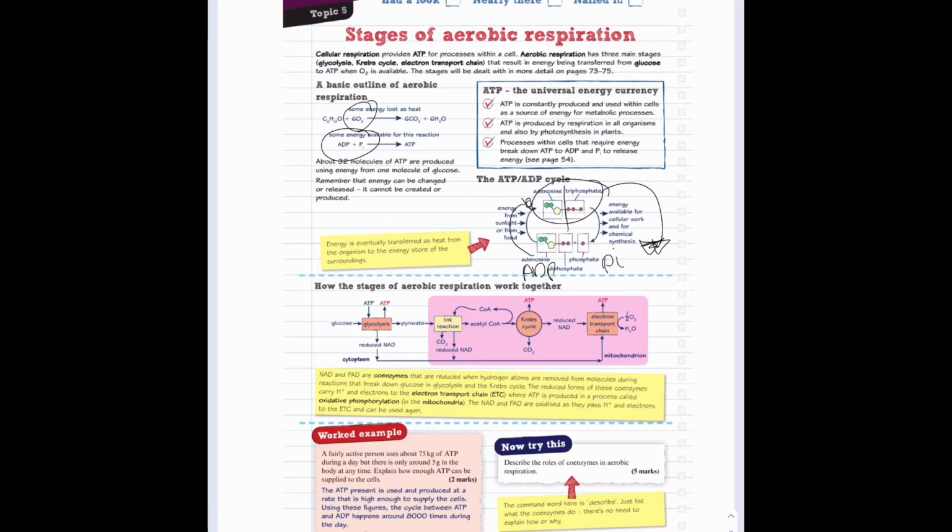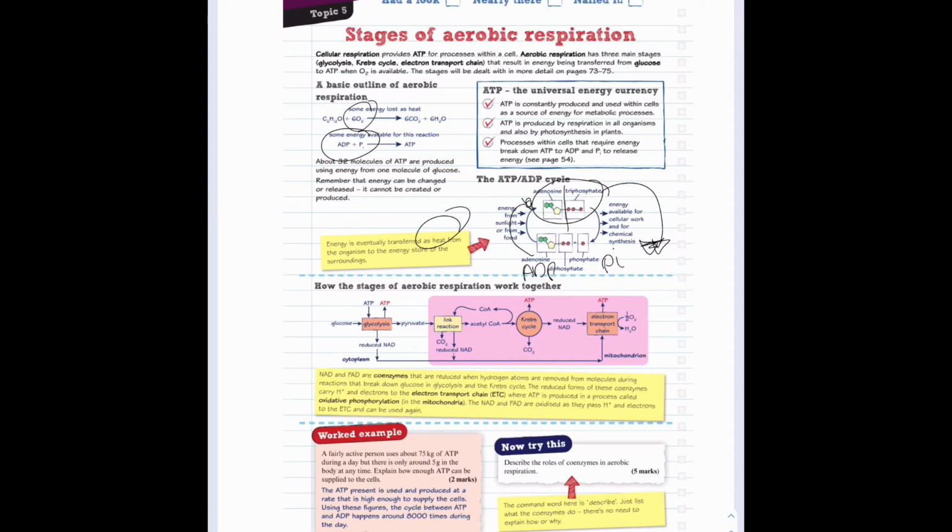And the energy is eventually transferred as heat from the organism to the surroundings. Right, because remember, energy is not created or produced, and so therefore it's transferred from one source to another. So in this case, it's being transferred as heat.